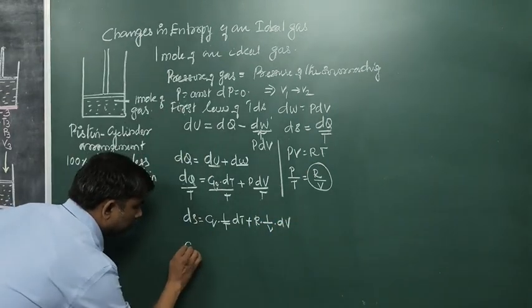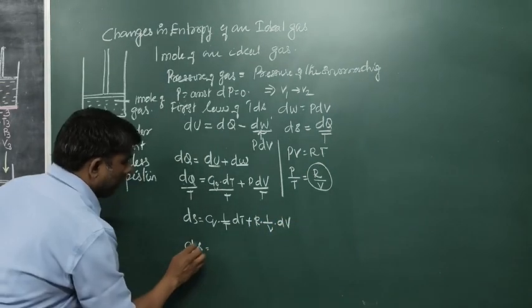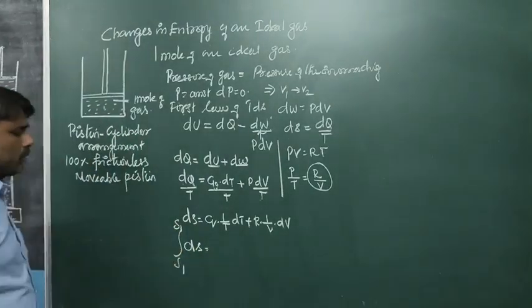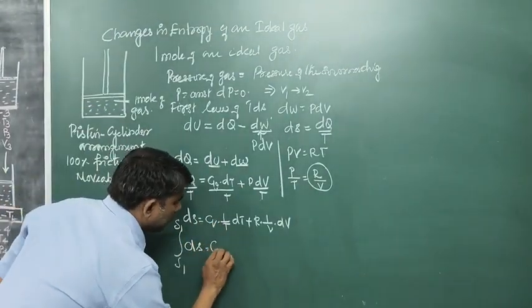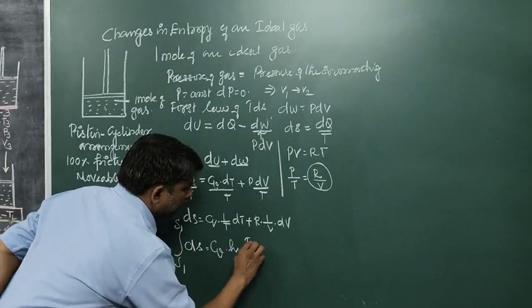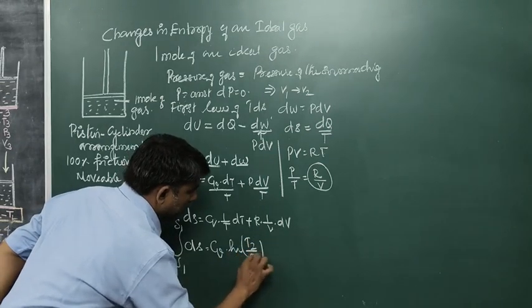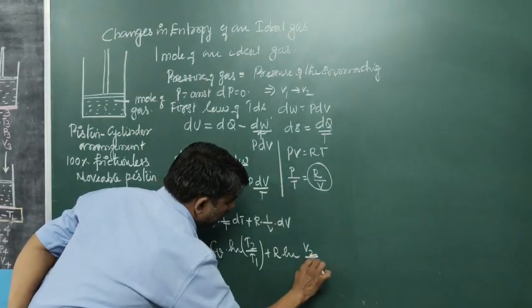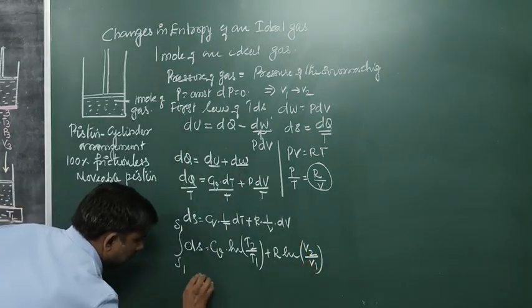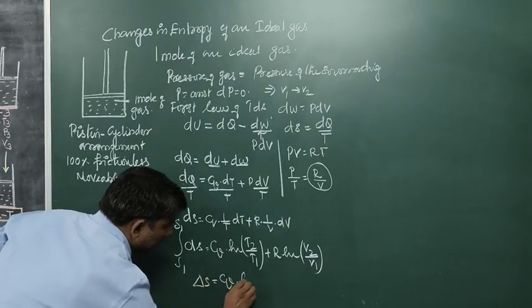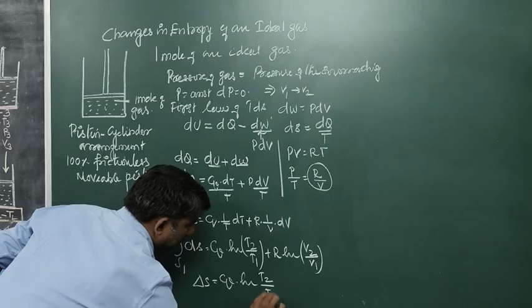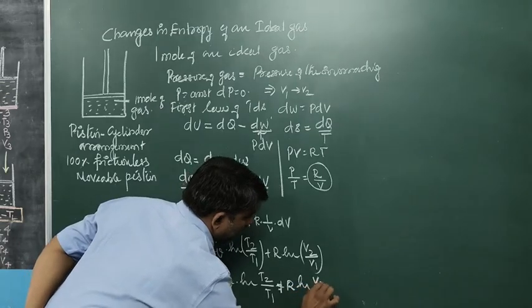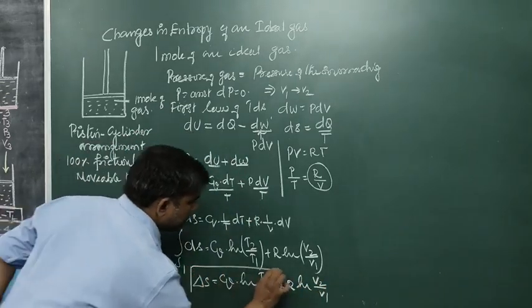In integral form, integrating from S1 to S2, ΔS = Cv ln(T2/T1) + R ln(V2/V1). Clear?